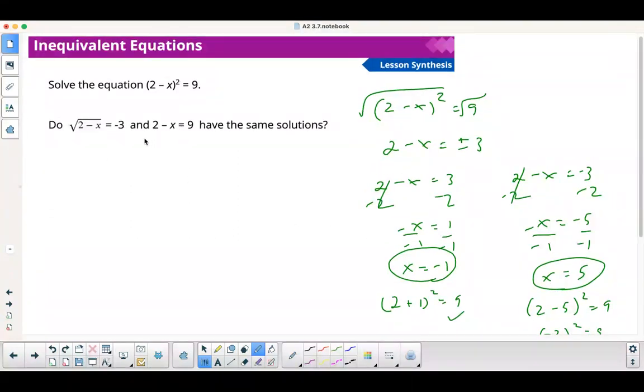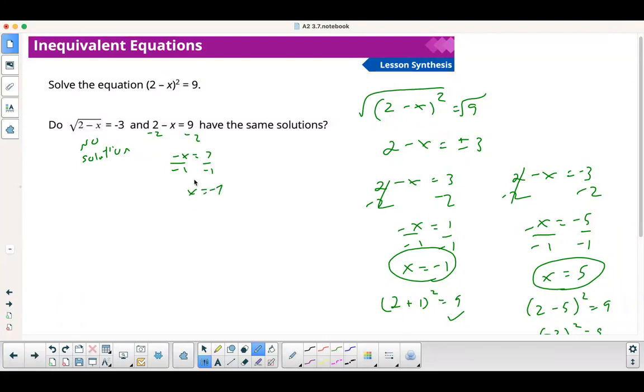Do these have the same solutions? I would say no. I would say this one has no solution because the square root is equal to a negative number. This one's going to be no solution. This is going to actually have one solution. You're going to minus 2 and then divide by -1.